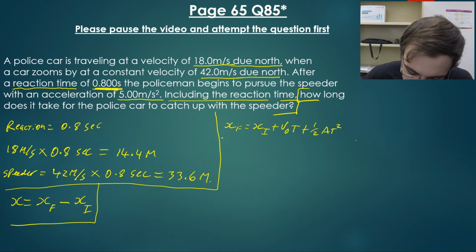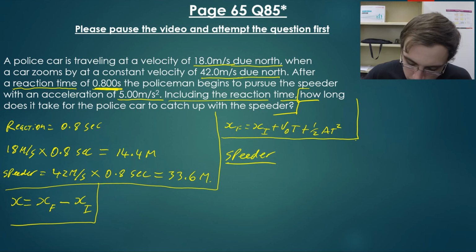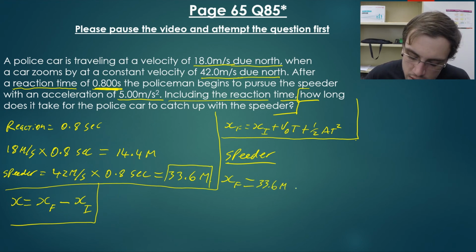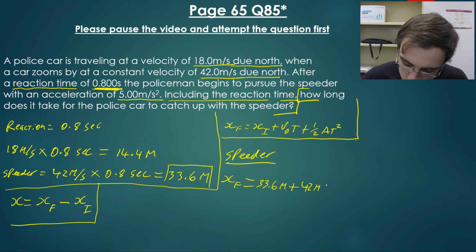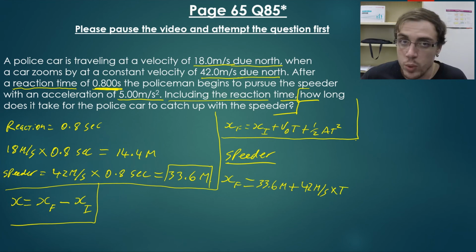Before we start getting too crazy and fusing equations together, let's have a look first. So we've got the speeder. The displacement final, which we don't know, so it's xf, is equal to the initial distance. The initial distance we calculated over here, so it's going to be 33.6 meters plus v0 t. So we've got the initial velocity, which was 42, times time, because we don't know.